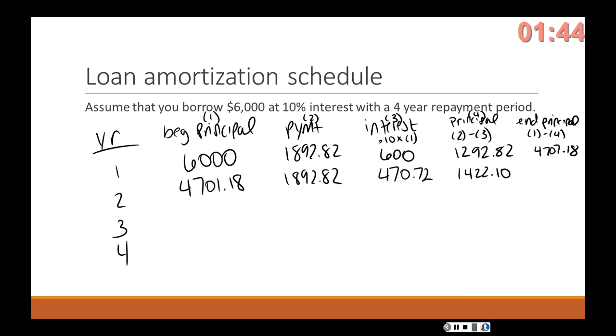Our ending principal is our beginning principal minus the amount of the payment that went towards principal. So $4,707.18 minus $1,422.10 leaves you with $3,285.08. Your ending principal becomes your beginning principal in year 3.